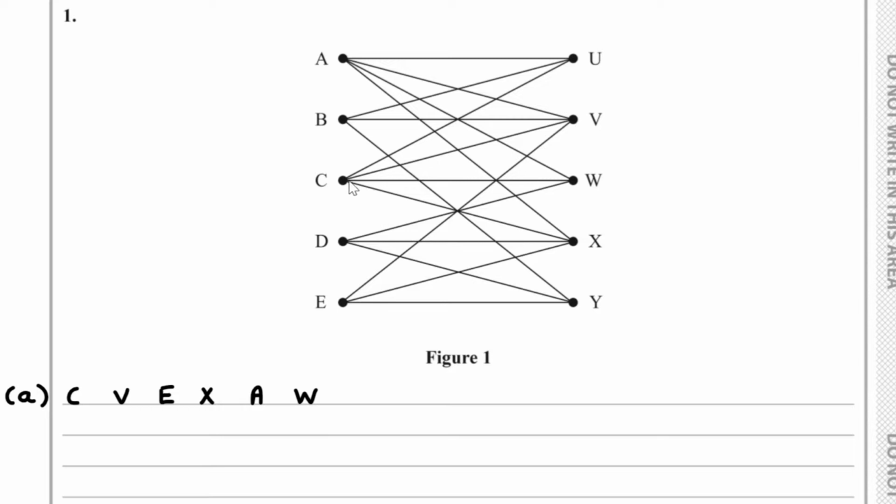We go from C to V. From V, we go to E. From E, we go to X. From X, we go to A. From A, we go to W.